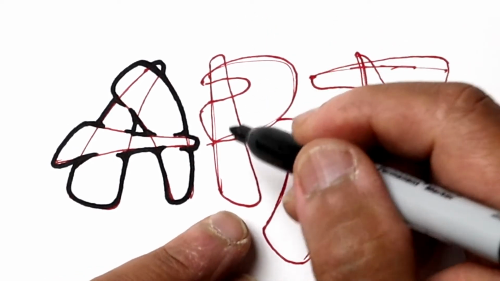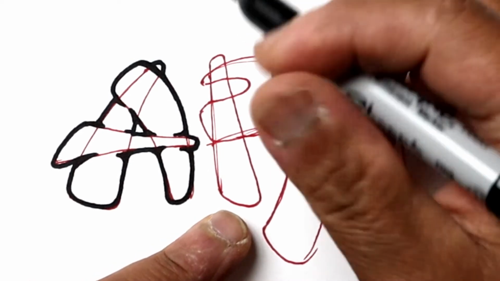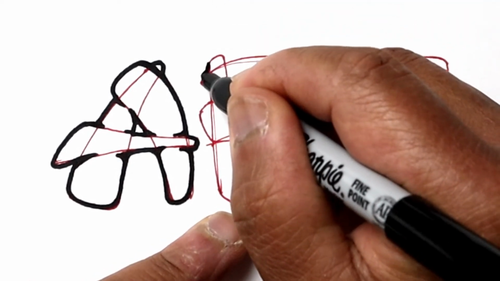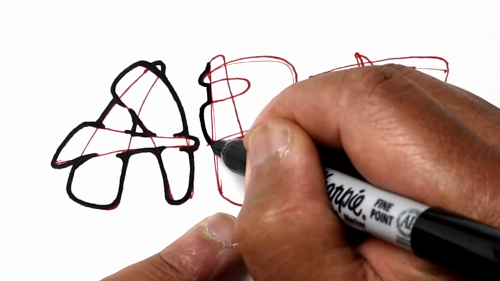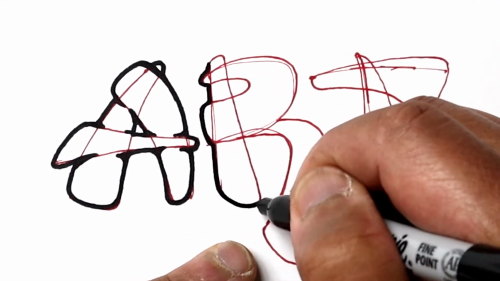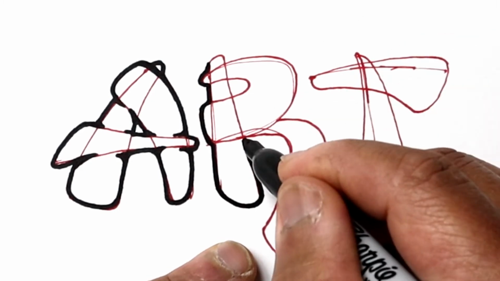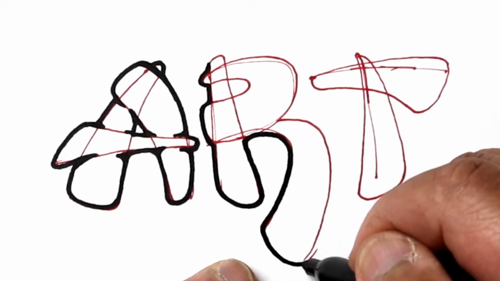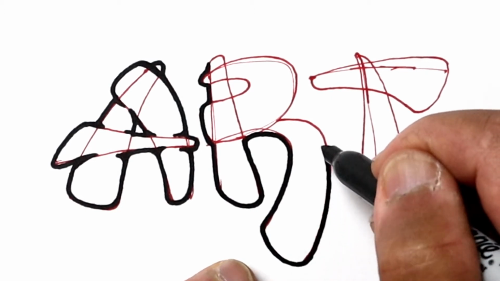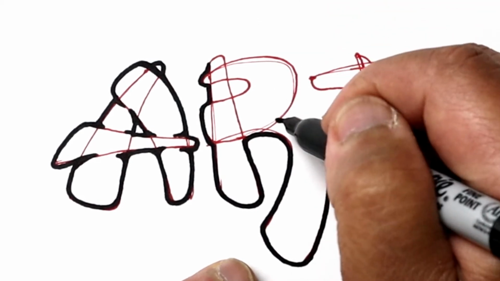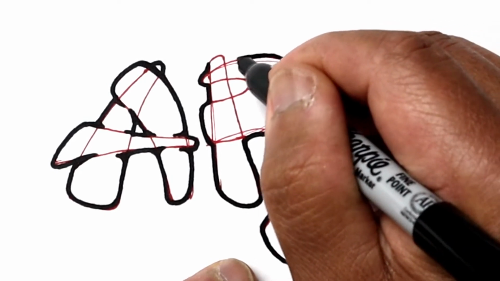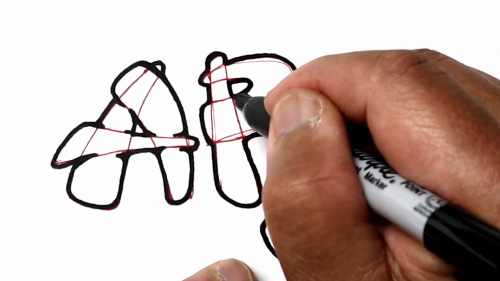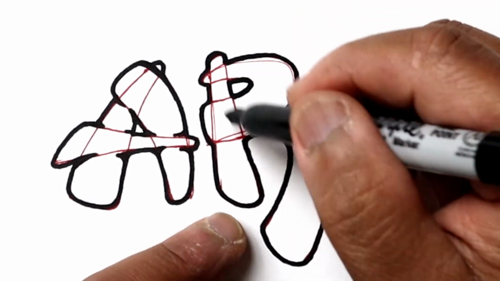Alright, so let's go ahead and work on the R here. So same thing. Let's go ahead and outline first. Okay, let's look at these different strokes.